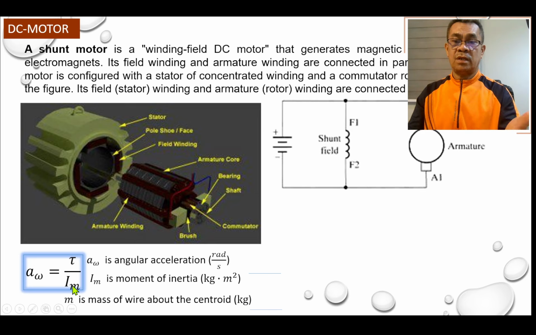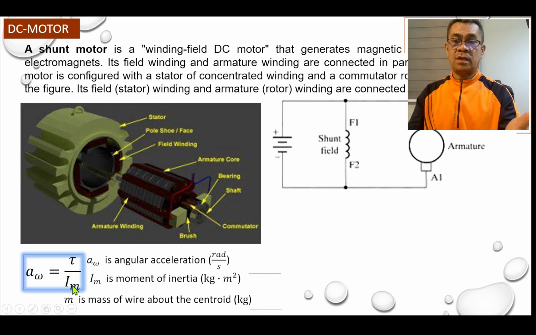Now, suppose we have this segment of the conductor, let us say in a rectangle. This is the part of the system that rotates with respect to the pivot. So this is the rotating axis in the motor. In order to calculate the moment of inertia of this one, it should be the mass of this segment multiplied by L squared.